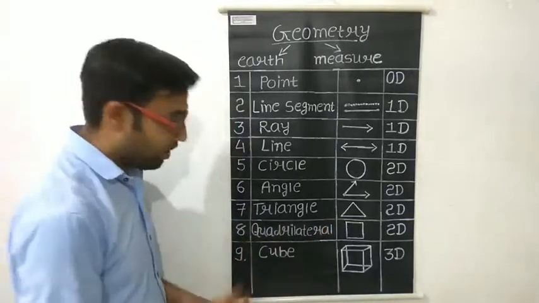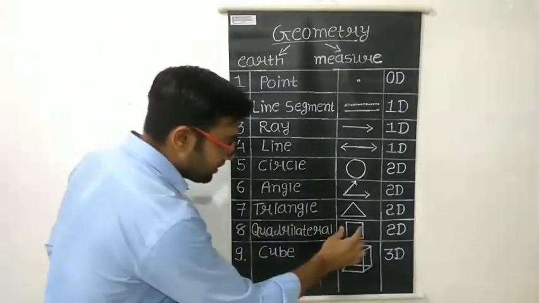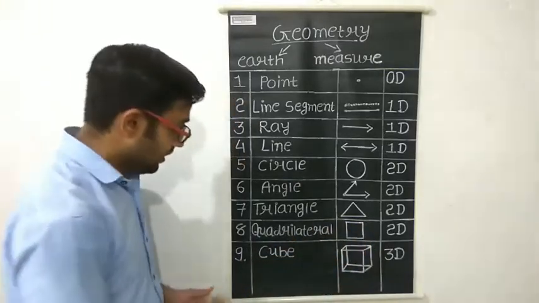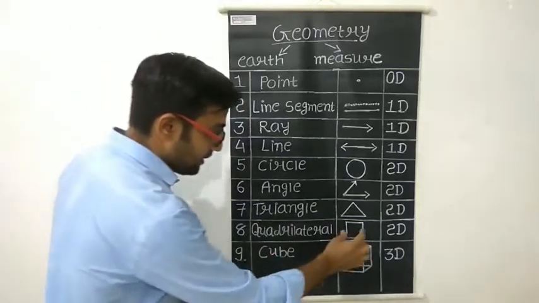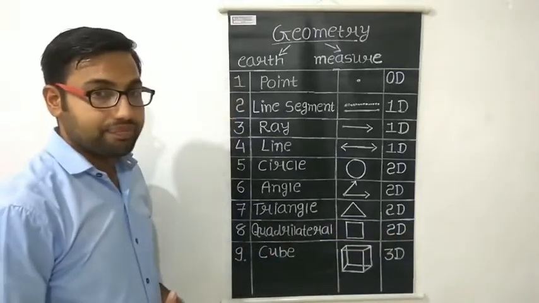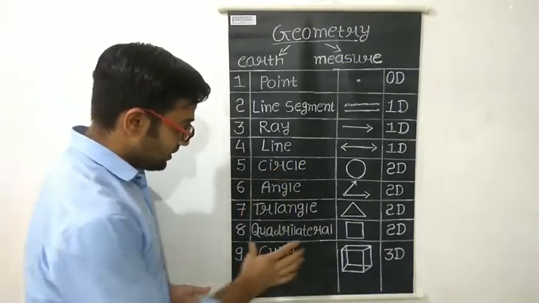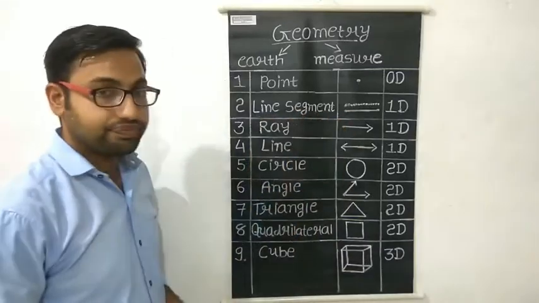Quad means four and lateral means side. Four sides. See, this is the first side, second side, third side and fourth side. Right? So this is what we call a quadrilateral, and it is also a two-dimension shape. It has height and length. It is made of four line segments.